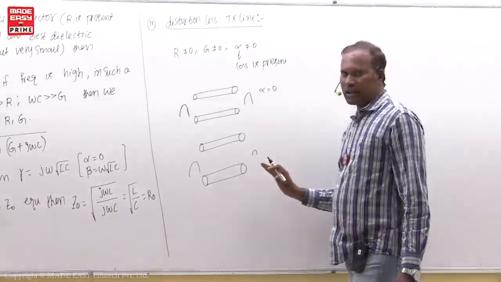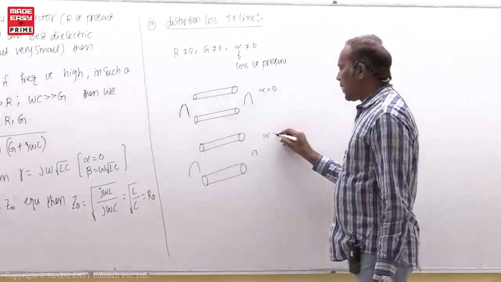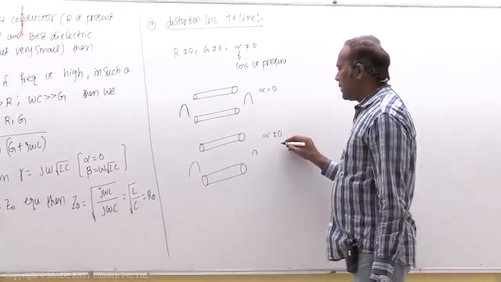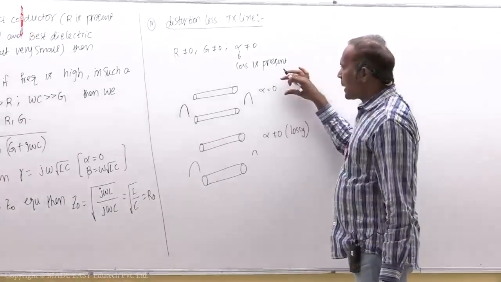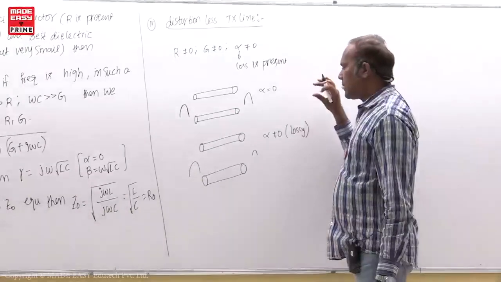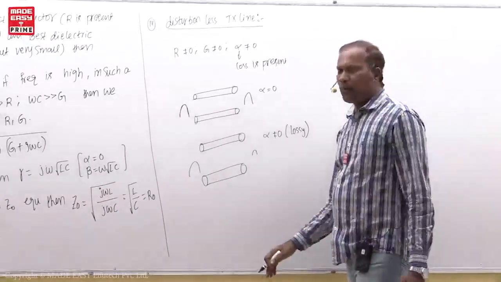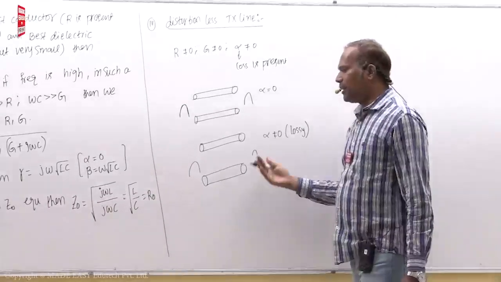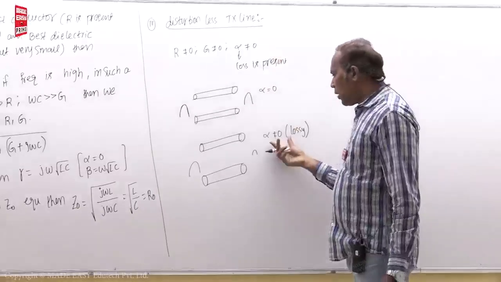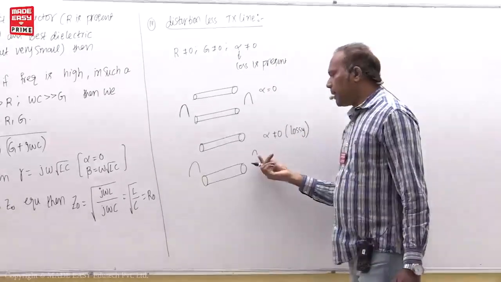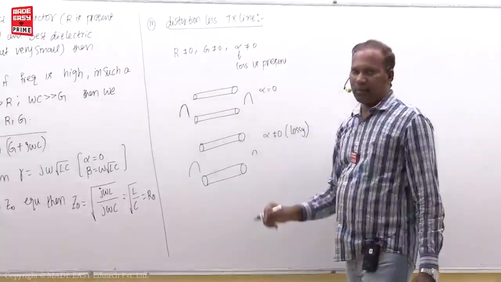Because signal shape is not changed, but here amplitude is reduced, that means here loss is present, alpha is present, so it is a lossy transmission line. Loss is present but distortion is not there. No problem, we have amplifiers, we can amplify this and it works out. That is the distortionless transmission line. Alpha is present, loss is present, but signal shape is not changed. That is called distortionless transmission line.